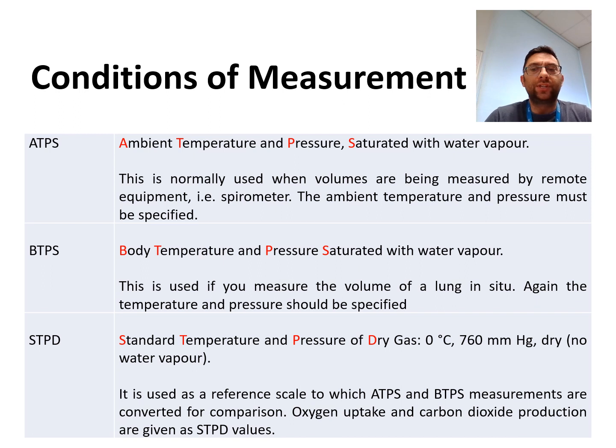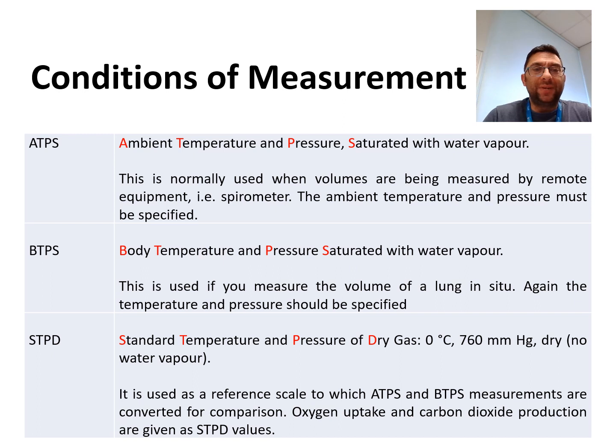Okay, so this is a value that looks at the pressure and the temperature of air when recorded remotely. So when we're using things like online spirometers, things like that. Okay, but we need to make sure we note the temperature, the ambient temperature, and the pressure of that gas.